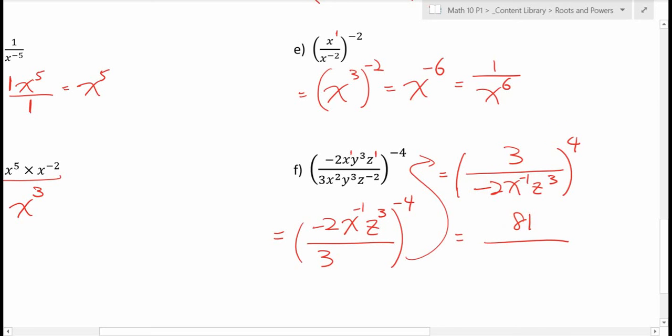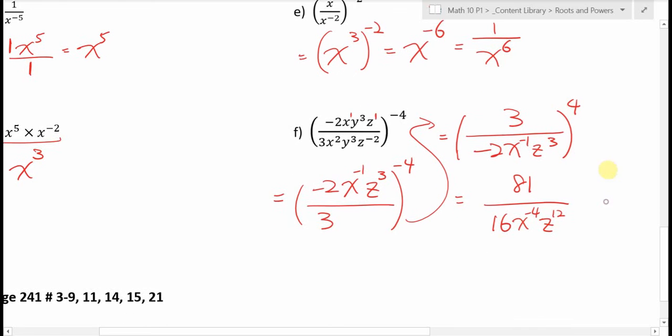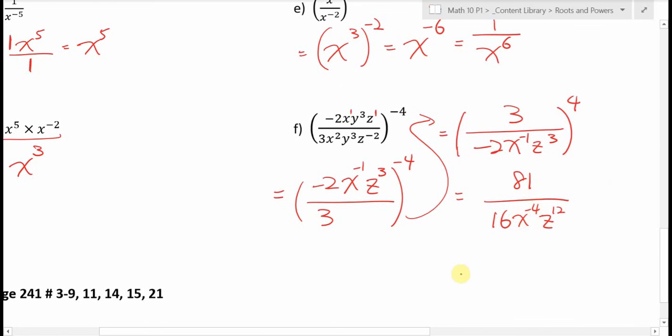Negative 4 to the power of 4, again, an even power for a negative value will turn into a positive value, so 16. That's x to the negative 1 to the power of 4, so we multiply the exponents, we get negative 4. And z to the power of 3 to the power of 4, again, power of a power, you multiply exponents, so you get 12. But again, you do not want to leave your answer as a negative exponent, so what you do then is you move.